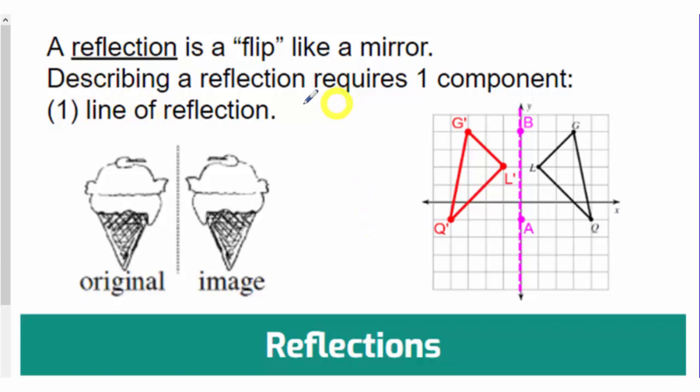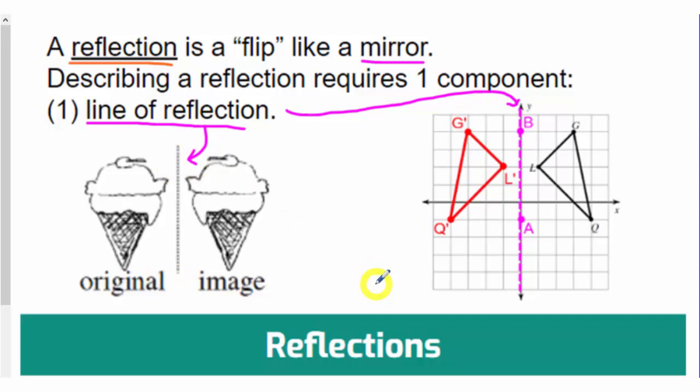To be able to do a reflection or to recognize a reflection, you're going to be looking for one component. For reflections, the one thing you need to look for is a line of reflection. Essentially, that's like the mirror. In both diagrams, you can see a dotted line. That is the line of reflection, the mirror that's doing the copying.